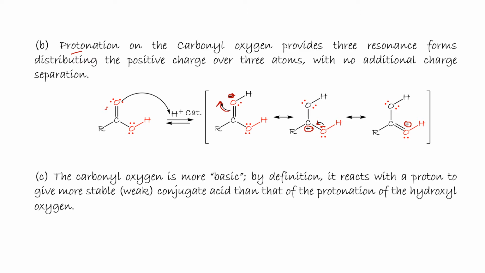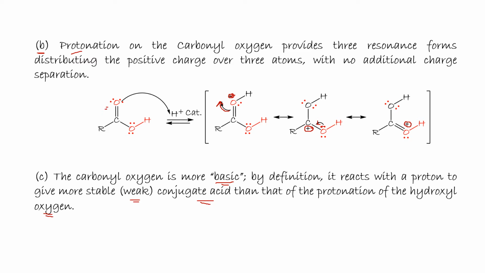Well, if we compare A and B resonance structures, the carbonyl oxygen will be more basic. By definition, it reacts with the proton to give a more stable, what we call weak conjugate acid, than that of the protonation of the hydroxyl.